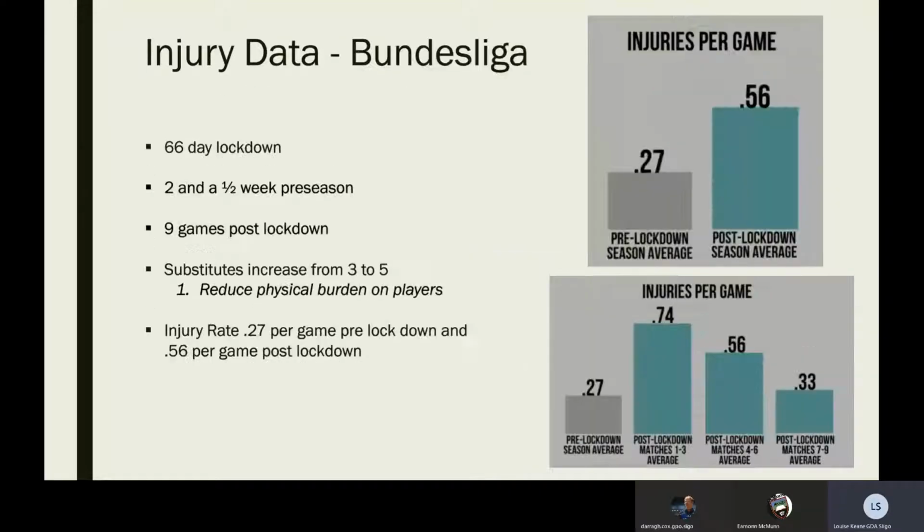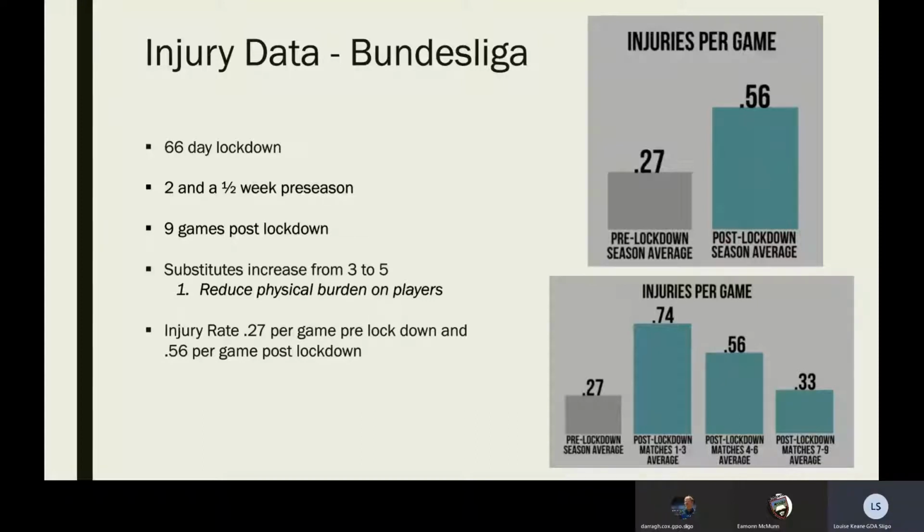If we look then at the Bundesliga, I think it was the first sport and first competition to come back post lockdown. They had a 66-day lockdown and came back to a 2.5-week preseason with 9 games post lockdown.